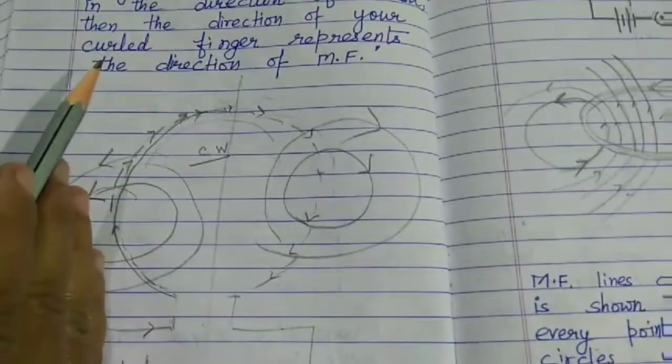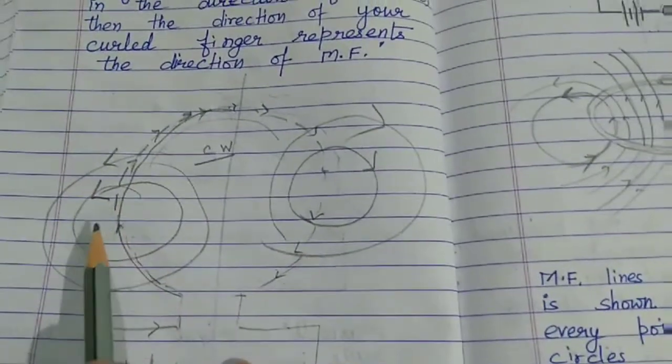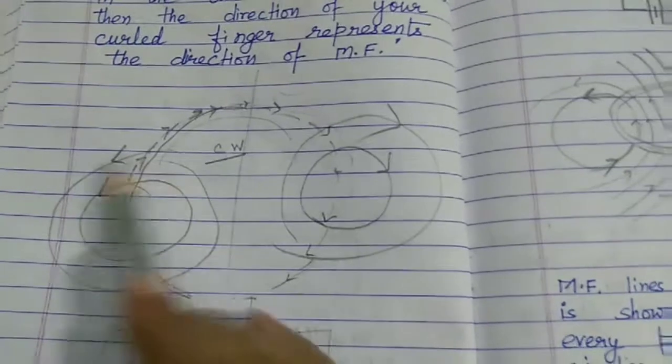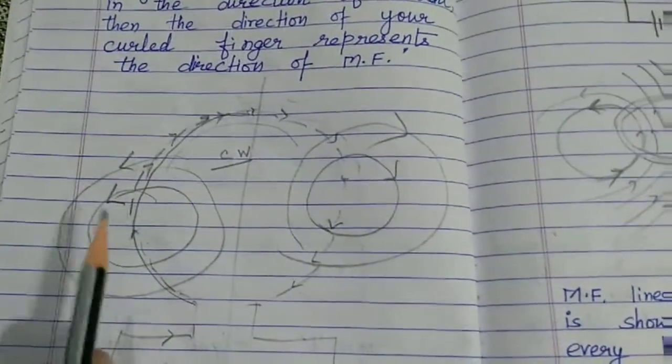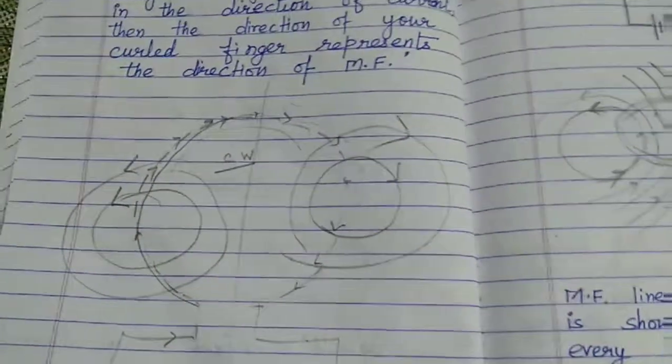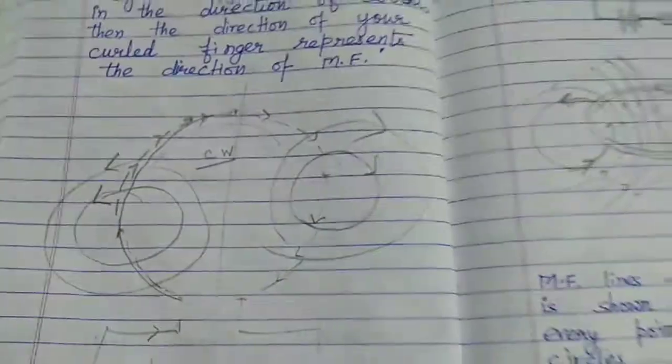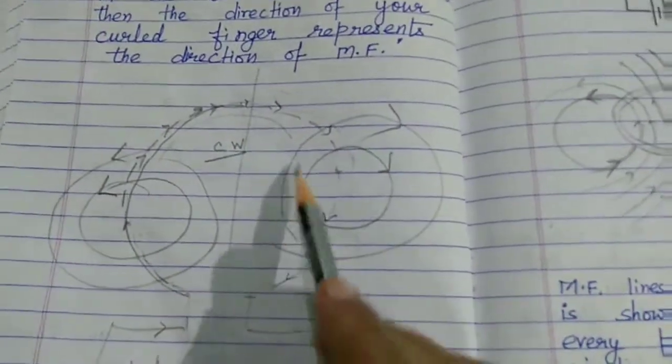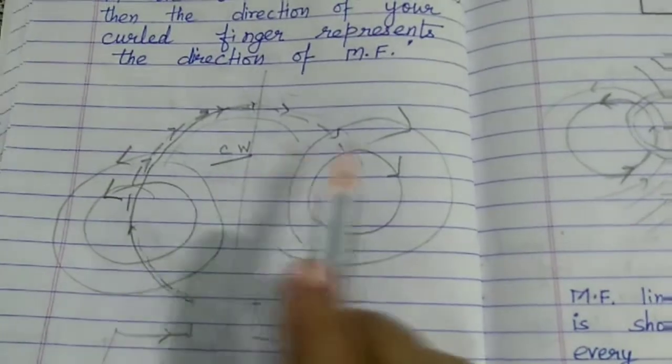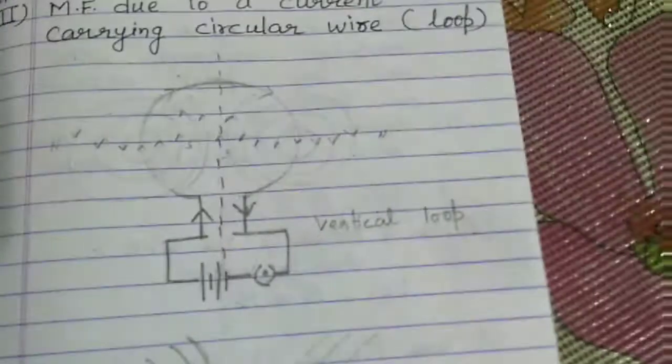So in this side of the loop, the magnetic field is concentric circles which are anti-clockwise in direction, and in this part the magnetic fields are concentric circles which are clockwise in direction like this.